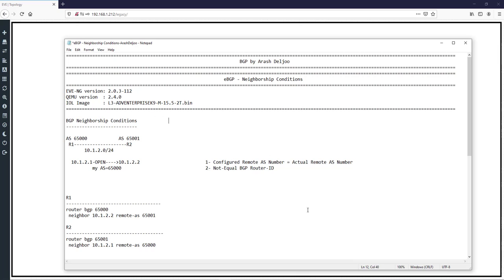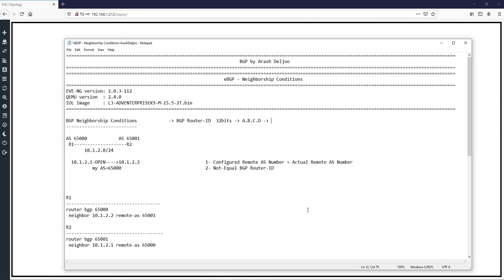It's the same as in the other protocols. The BGP router ID is a 32-bit identifier, and we write it like an IP address, but it's not an IP address. The format is similar to an IP address, but it is not one.